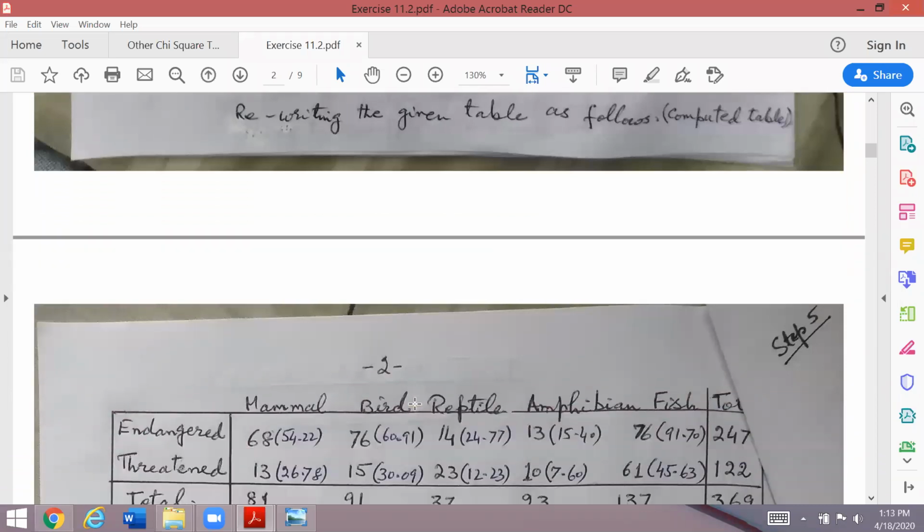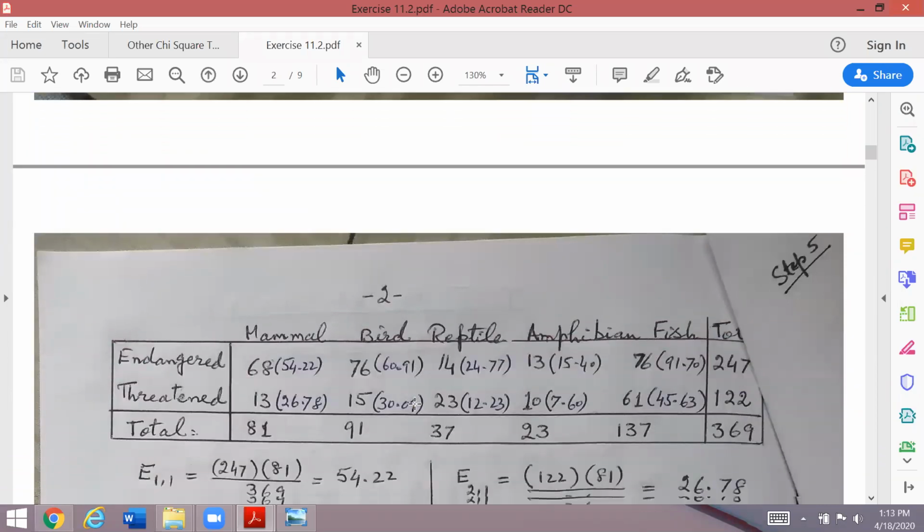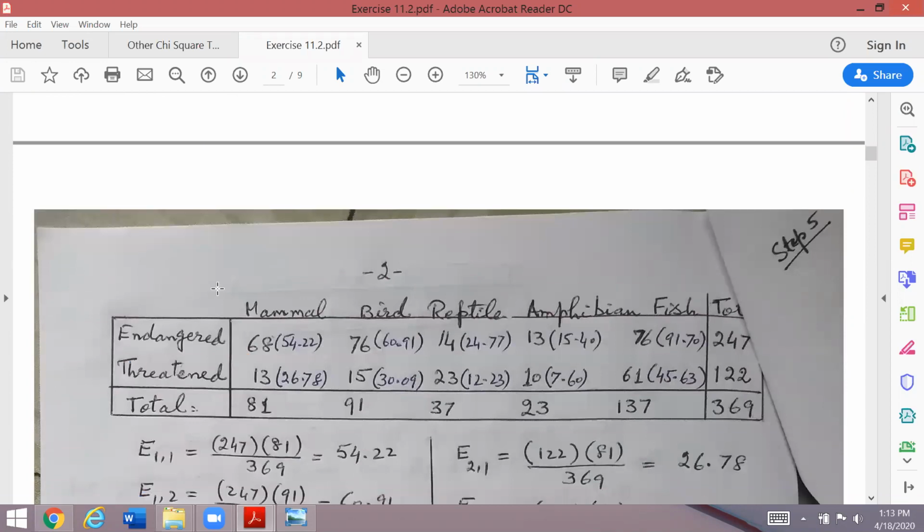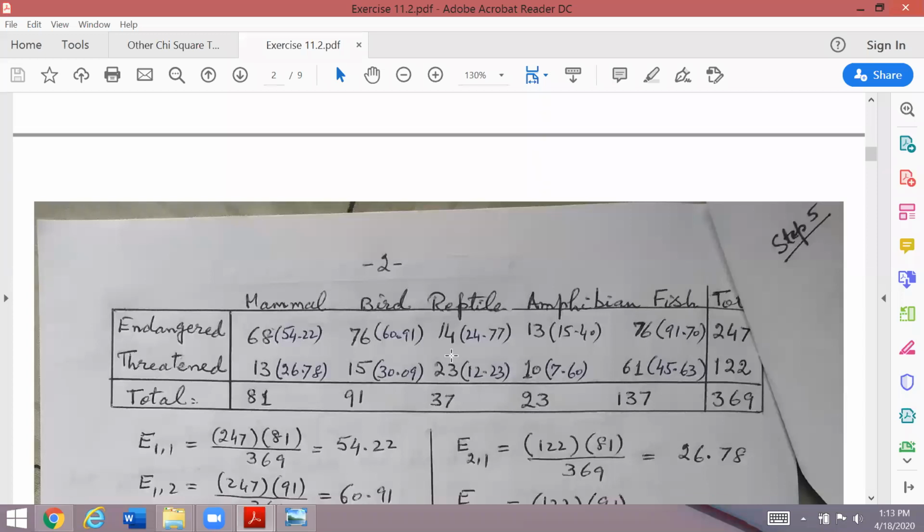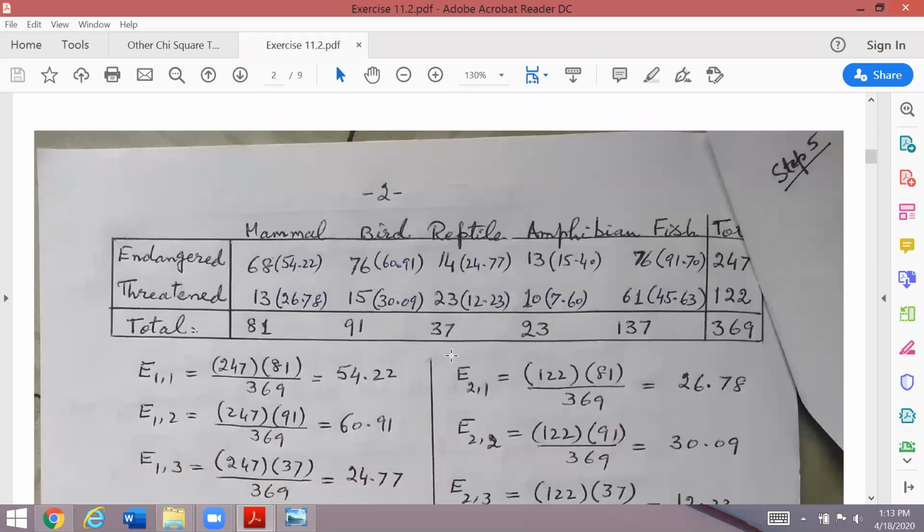It will be very good if you write the expected value and the observed value side by side. The given data is for the observed values, and in the brackets I have written the expected values which you will calculate here. We have not done that yet; I filled these in later. First see how we find every expected value.